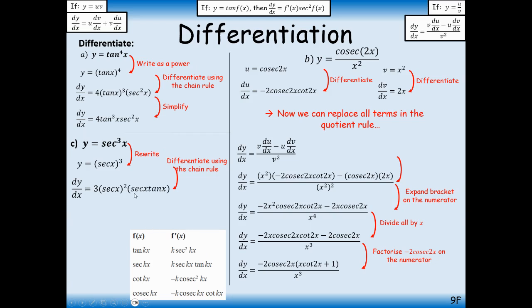Now, you can see that here we have a secant in front of tan, and that secant we can multiply by the secant squared and have secant raised to the power 3. So the simplest answer in our case is this.